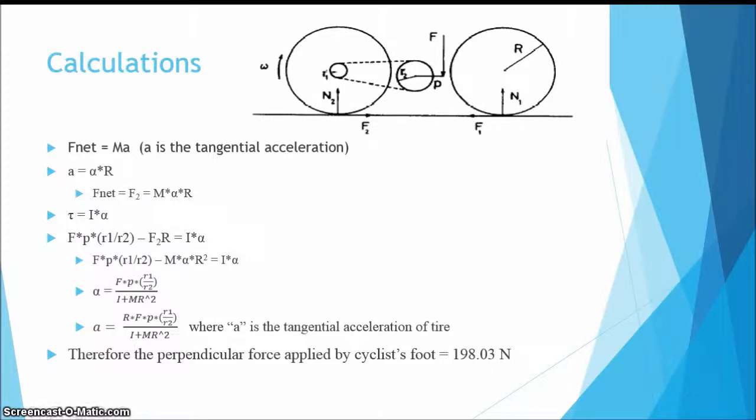Now we do some mathematical calculations, then we wind up with this bottom term here, which is equal to the tangential acceleration. And we found this in our Python program. So now we have a bunch of terms with knowns, and the only thing unknown is the force applied by the cyclist's foot. So we carry that calculation out, and we determine that the force applied by a cyclist's foot is 198.03 newtons.